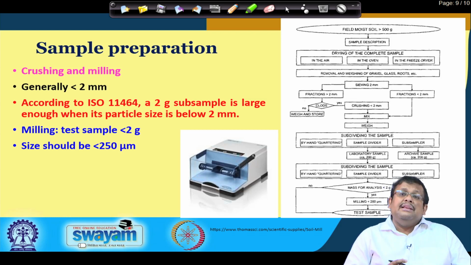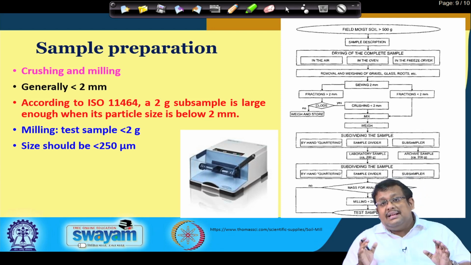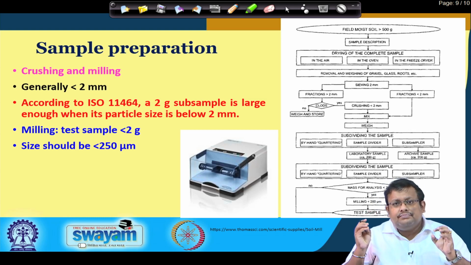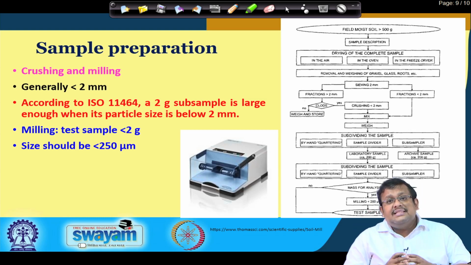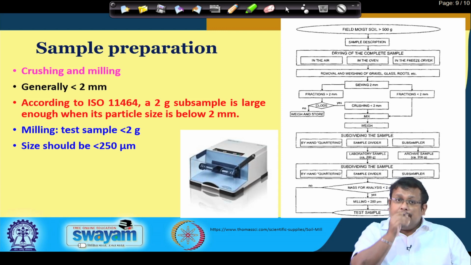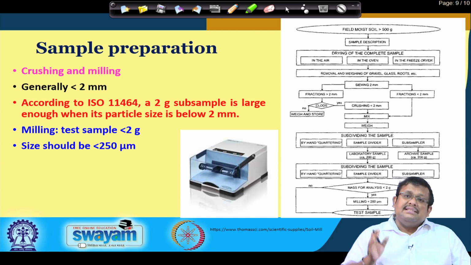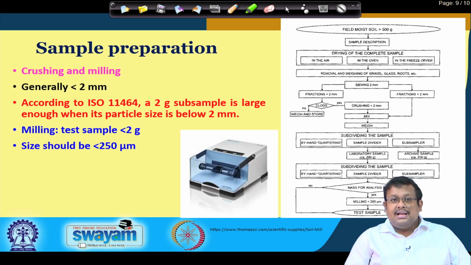Now, crushing and milling generally is done for keeping the particle size less than 2 millimeter. According to ISO 11465, a 2 gram subsample is large enough when its particle size is below 2 millimeter. So, when the particle size is below 2 millimeter, then a 2 gram subsample is enough for doing the analysis.